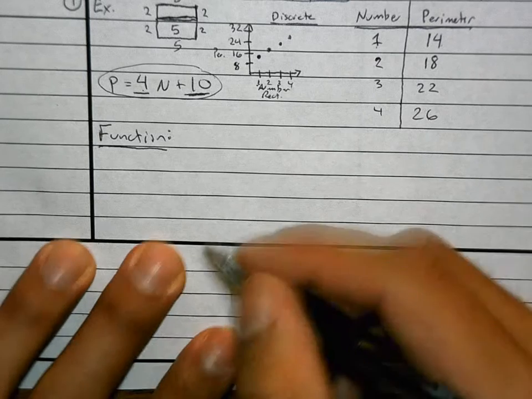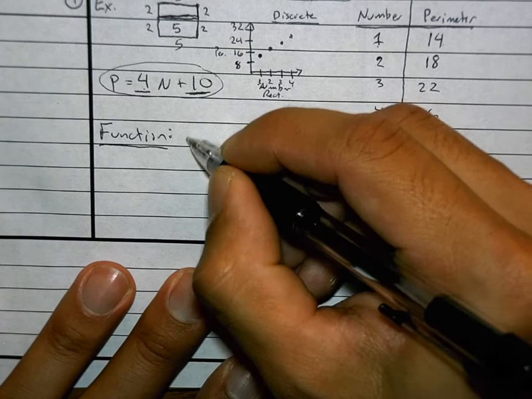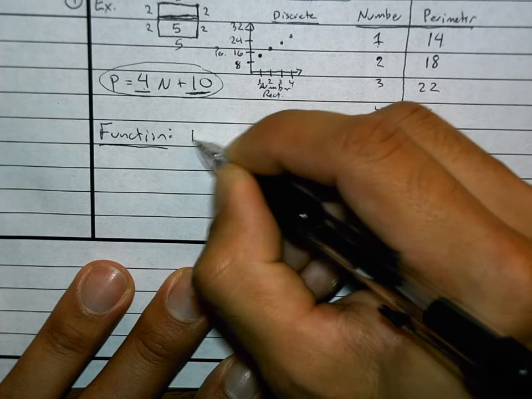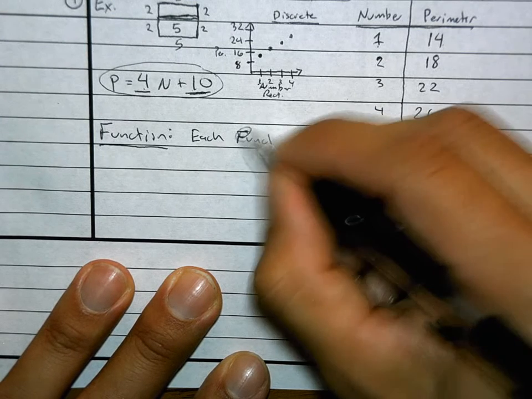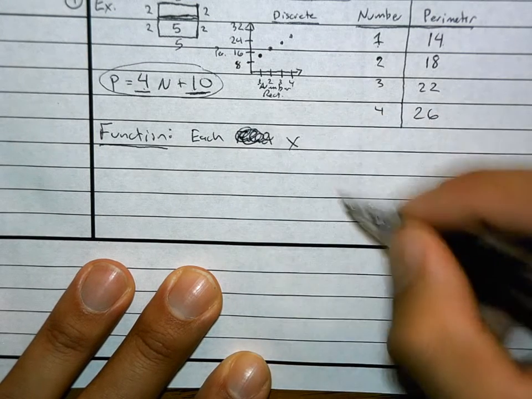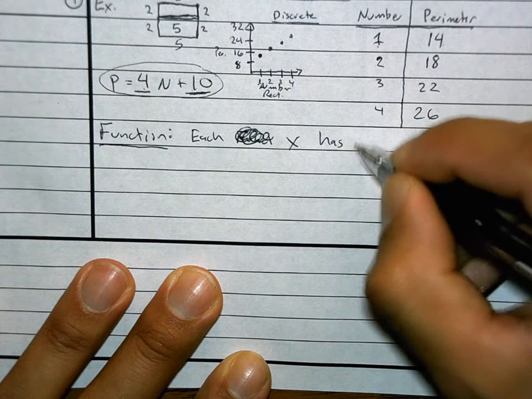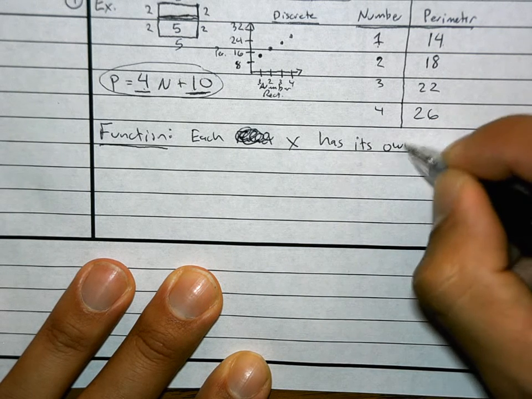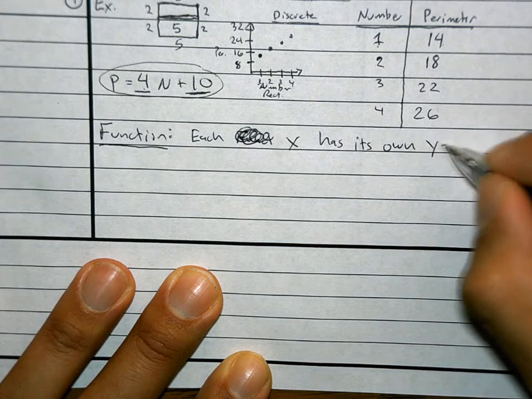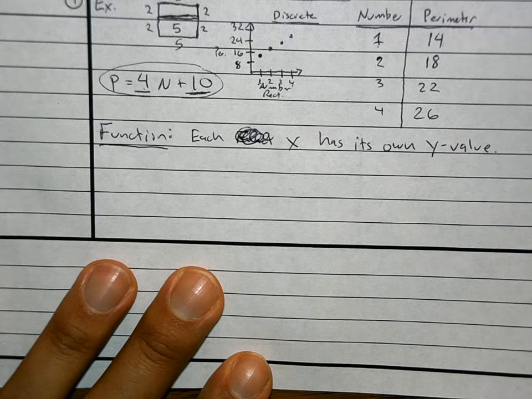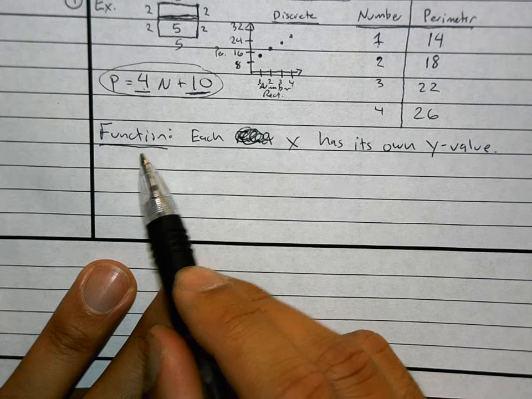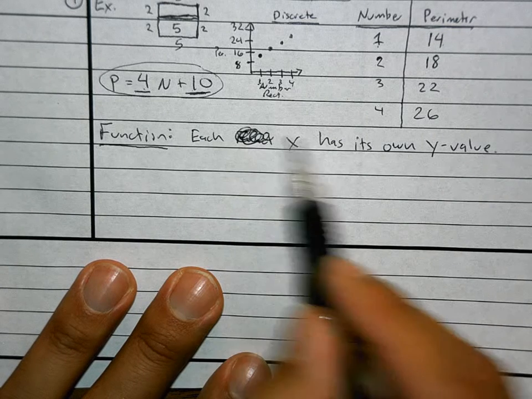Something is a function if each x has its own y value.